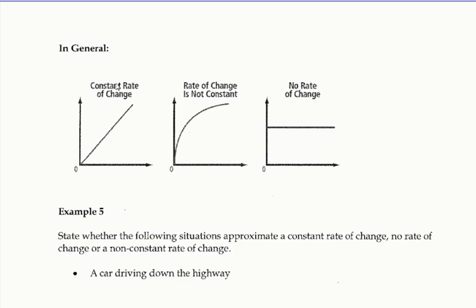We're not going to look at example 5, but just really quickly, if you're dealing with a speed time graph, a straight line, a linear line, shows uniform motion, a constant rate of change.